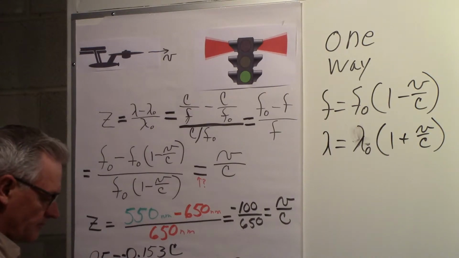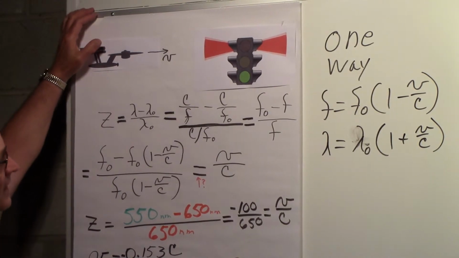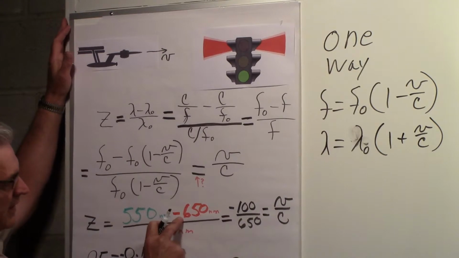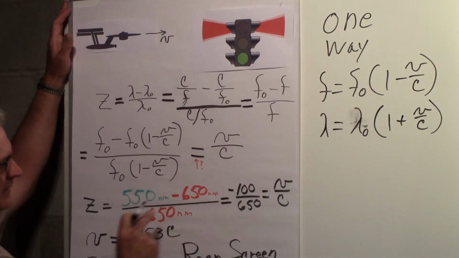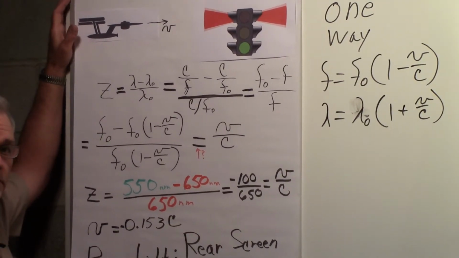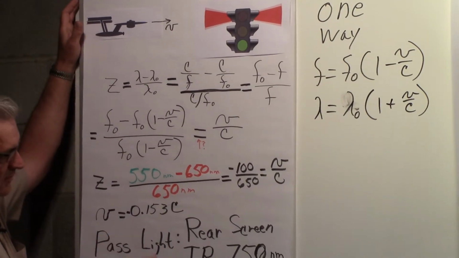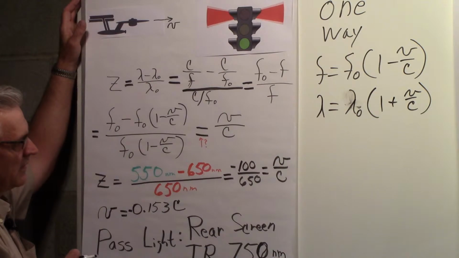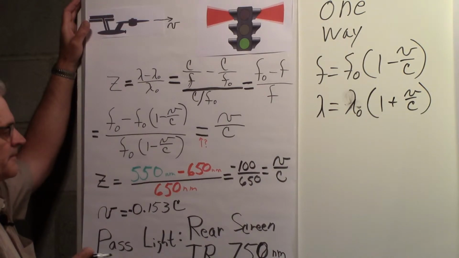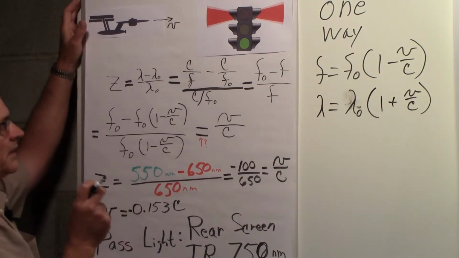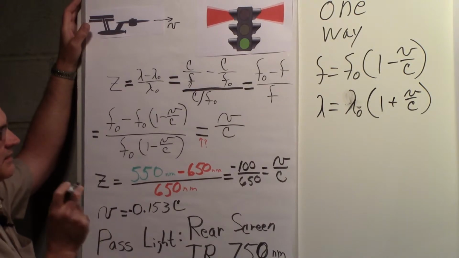So now here's the Enterprise coming up on the red light, and we'll assign a wavelength of 650 nanometers to the red light. That corresponds to a line close to one of the hydrogen lines. We want to find out what the speed has to be to make that light green.